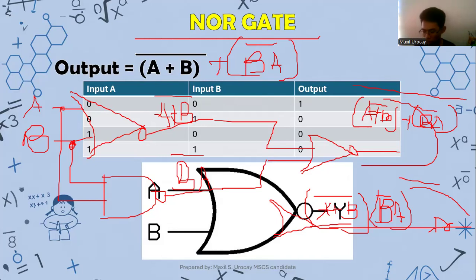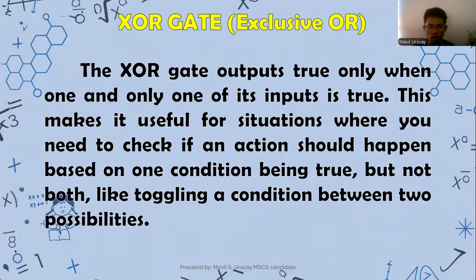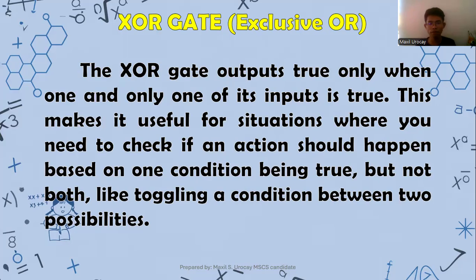Now, let's move on to the exclusive OR. The exclusive OR is different from the NAND, because for this one there will be a specific logic that we're trying to base on. By the way, the XOR gate or the exclusive OR gate outputs true only when one and only one of its inputs is true.